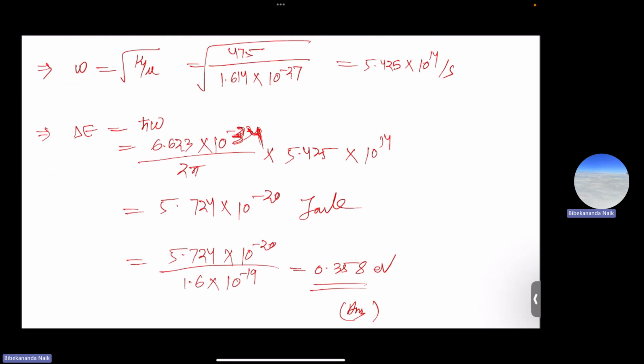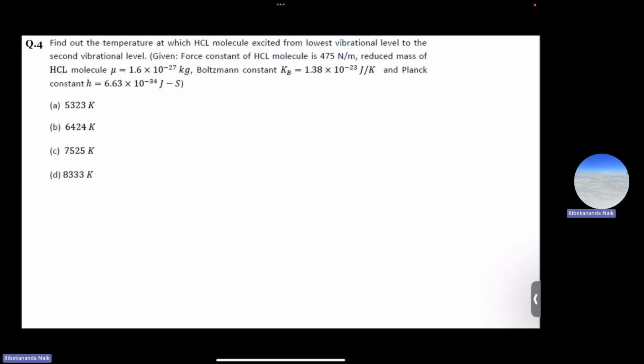Now, the next question. The question says, find out the temperature at which the HCl molecule is excited from the lowest vibrational level to the second vibrational level, given the force constant of the HCl molecule is 475 Newton per meter, the reduced mass of the HCl molecule is 1.6 into 10 to the power minus 27 kg, and the values of Boltzmann constant and Planck's constant are given.